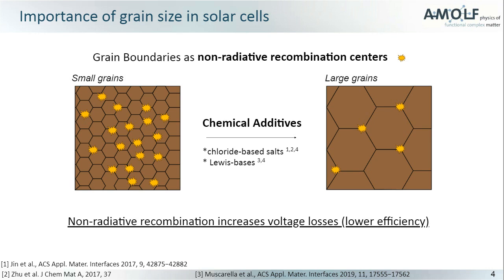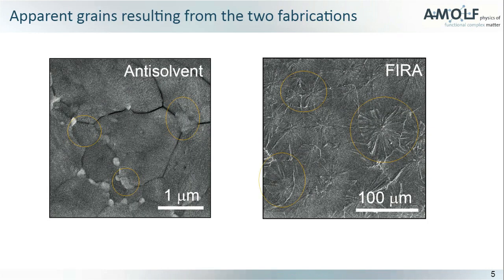So the goal of this project was to understand if making a solar cell with small and large grains was actually affecting the optoelectronic properties. What we did, we focused on methylammonium lead iodide, but this time made with two different fabrication strategies. On the left, you have the typical anti-solvent method.